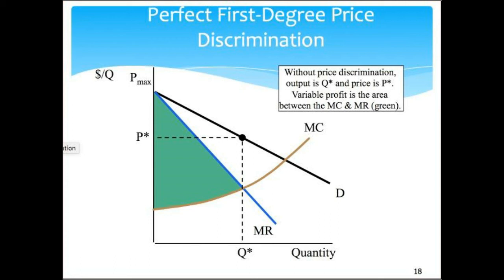We don't know what fixed costs are, and it just makes the diagram messier, and fixed costs are fixed anyway, right? So for the monopolist, this green area shows the difference between the revenue that you get from each transaction and the cost of each transaction. In other words, if you read it from left to right, you see the marginal revenue of the first customer and the marginal cost of the first customer, and the difference there, that distance, is shown in green.